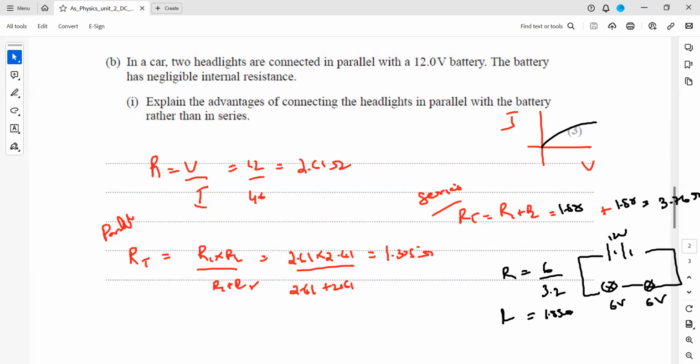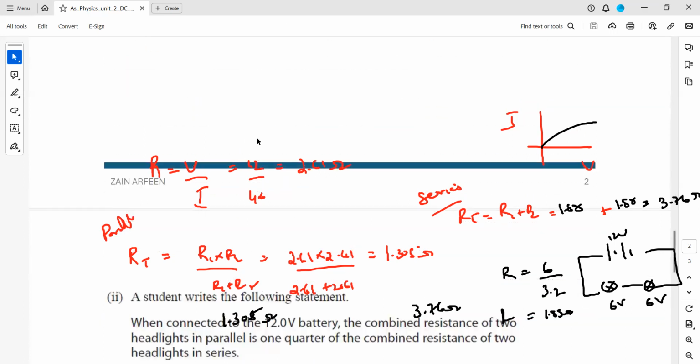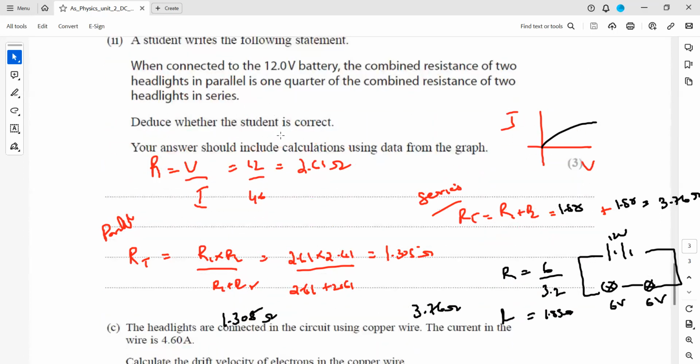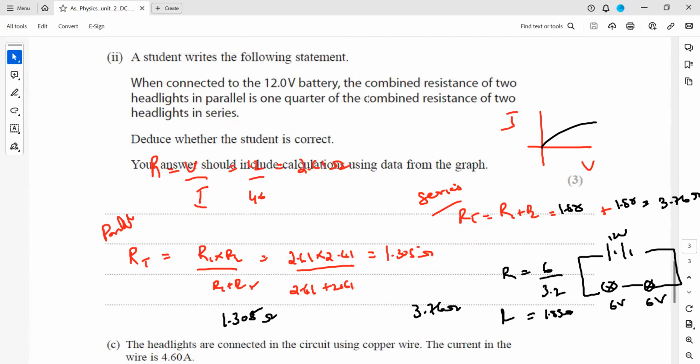So when they are connected in parallel, the combined resistance is 1.305. When they are connected in series, the combined resistance is 3.76. Now read the statement. According to the statement, when connected to 12 volts, the combined resistance of the headlights in parallel is 1/4 of the combined resistance of the two headlights in series.